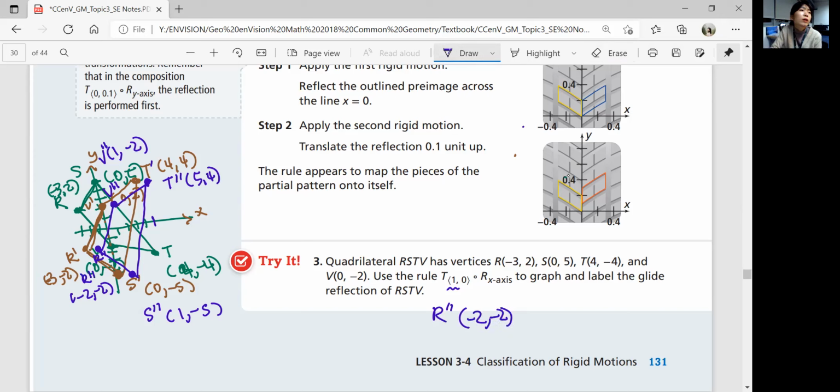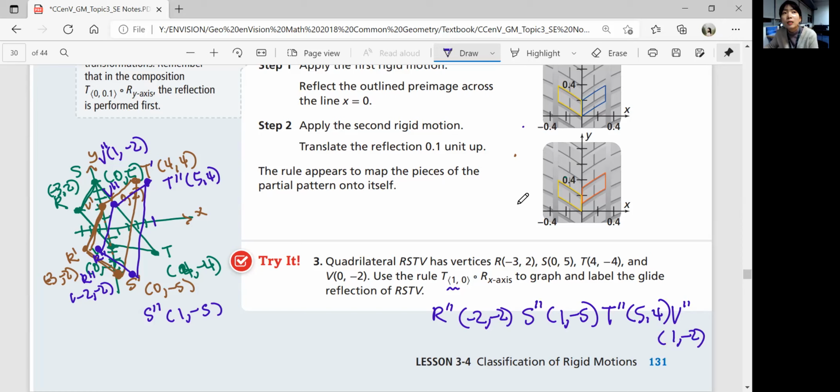Okay, that's R prime prime. And then S prime prime, 1, -5, T prime prime, 5, 4, and V prime prime, 1, -2. Okay. Since we're combining all these, you can just say, oh, that's R prime, S prime, T prime, V prime for your image, your final image.